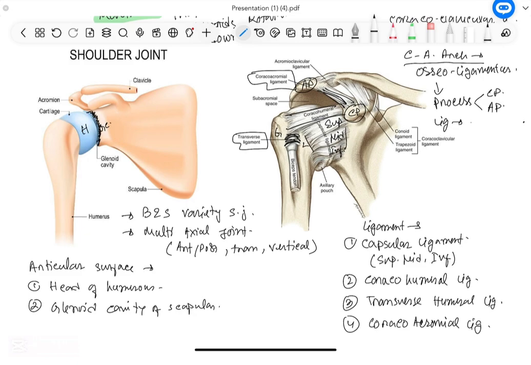And the name of the ligament is coracoacromial ligament. Together, these osseo-ligamentous structures reinforce the shoulder joint, and the upward displacement of the head of the humerus is prevented. So, what is the function of the coracoacromial arch? It prevents upward displacement of the head of the humerus.